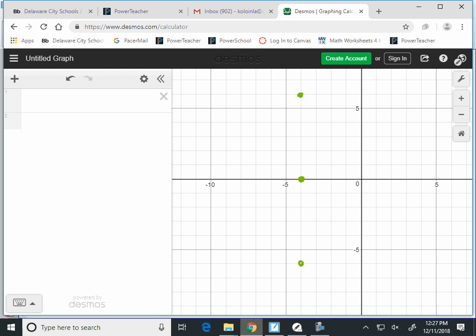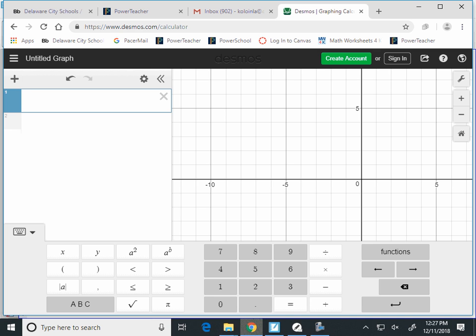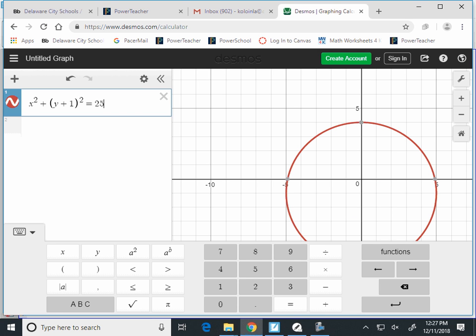So I'm going to type that equation in first. I'm going to type in x squared plus parenthesis y plus 1, arrow out, squared equals 25. There's a circle.